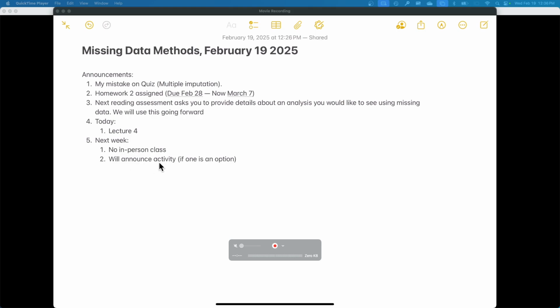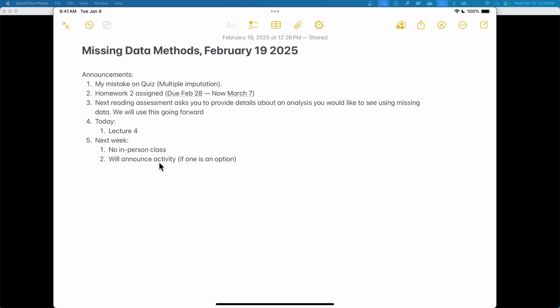Your activity is work on this reading assessment to find a paper, build a model, and report to me. Okay, or build the notation, report to me. The next step after today will be to sort of synthesize the SEM approach, the factored regression approach, how the EM algorithm might fit into that, and so forth. But today is more the background and big picture information.